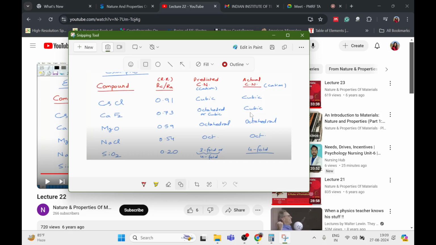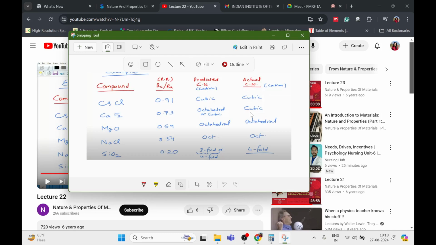And another example, which is opposite, is SiO2. For SiO2, the Rc divided by Ra, that is the radius ratio, is around 0.20. So they can have threefold as well as fourfold symmetry, but they occupy fourfold coordination.